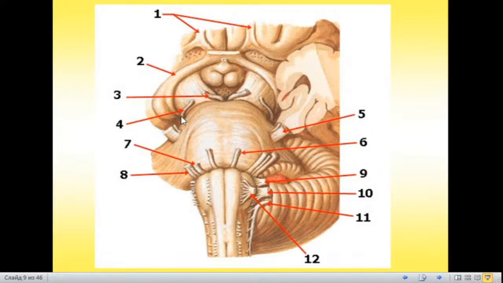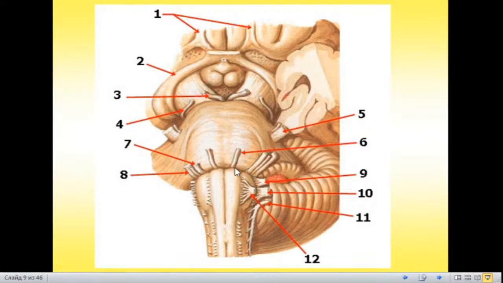The fourth cranial nerve, trochlear, is very strange. This nerve exits the brainstem at the dorsal side, and after that it loops laterally to the cerebral peduncle and appears on the ventral surface. The fifth cranial nerve, the trigeminal nerve, has two roots, sensory and motor, and this nerve exits the brain at the place where the pons becomes the middle cerebellar peduncle.